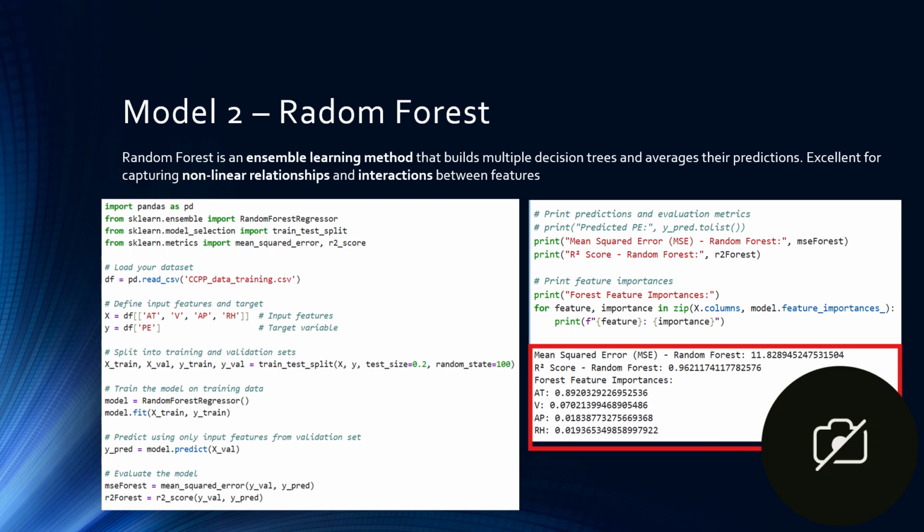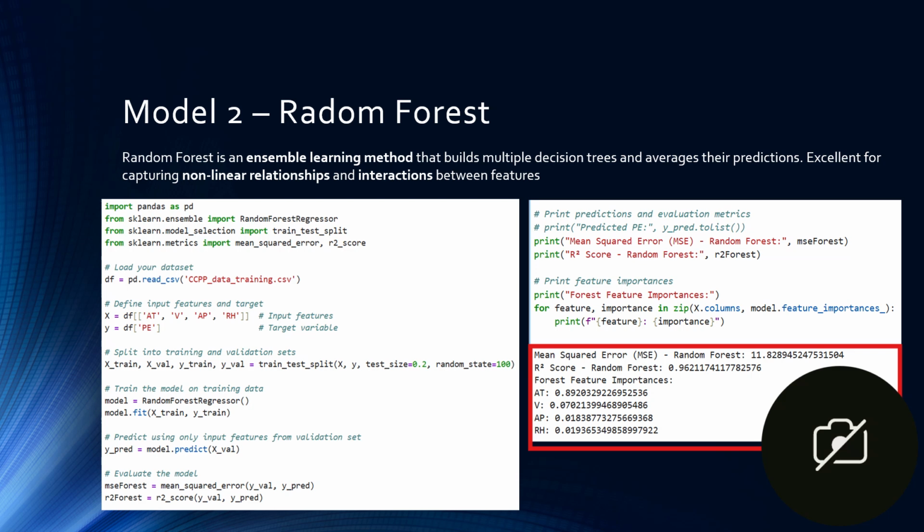So in this one, again, I have used Python, imported the necessary libraries for the random forest regressor, provided the input dataset, configured the input and target variables, and now I am modeling it using the random forest regressor method, and then predicting the output value for the PE, the power output, and then printing the necessary values for MSE and R square.